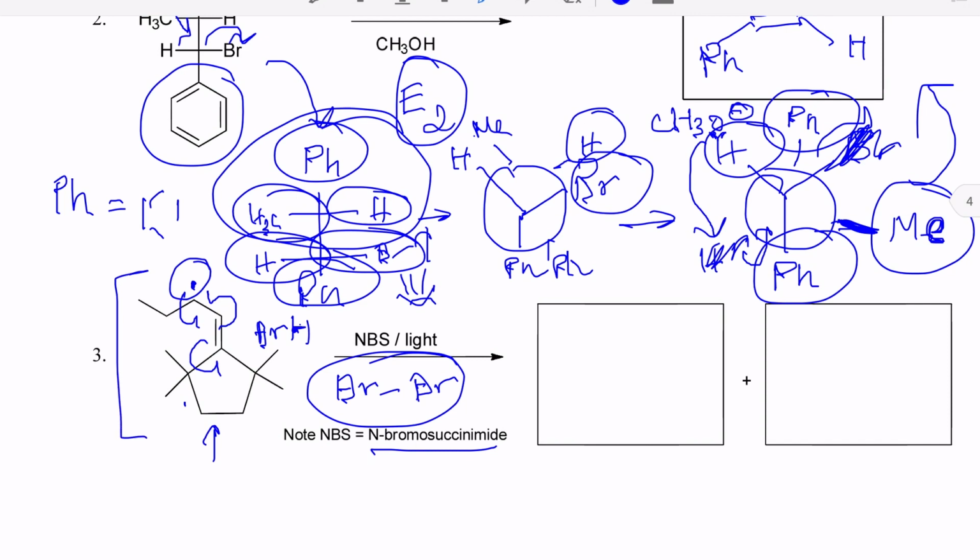If we move all the electrons like I've drawn out with the arrows, we get something like this. And what this tells us is that there are two possible ways that a radical can interact with one of these two resonance structures.